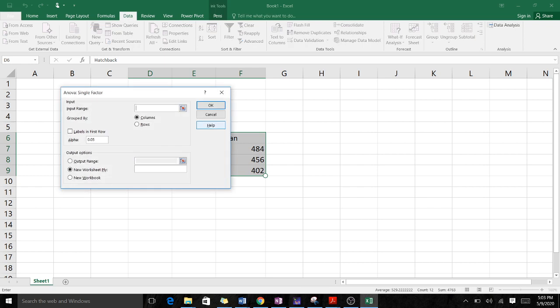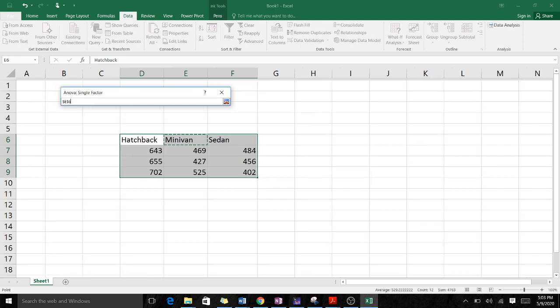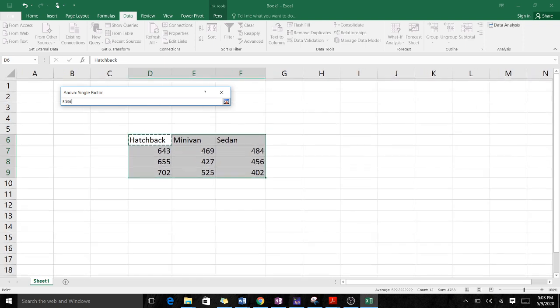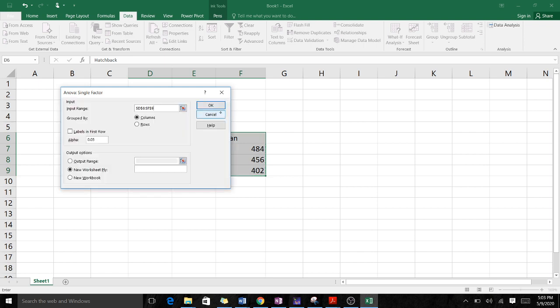So we have to select the range, so input the range. We come there, and the whole of this is the range. So that means we have to select everything. So we've selected the range. After that, we come here, then you realize that there is a label in our first row.